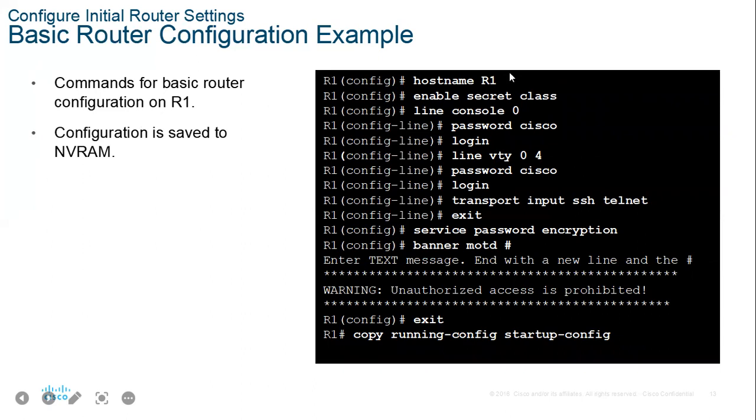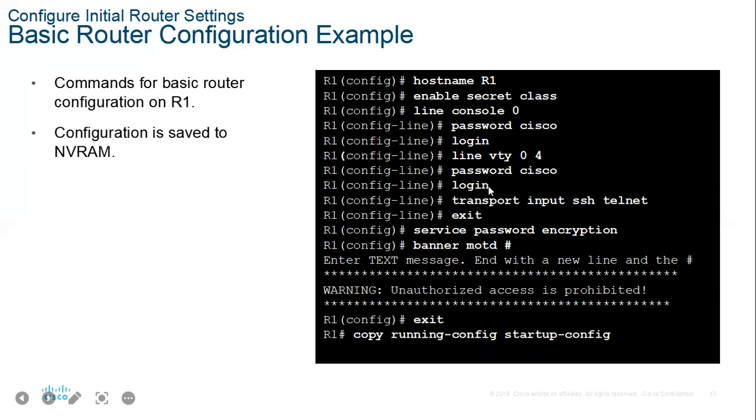So hostname R1. You could run all of these lines just once, before you save to NVRAM, the storage for the router. You just say hostname R1, enable secret class, line console 0, password cisco, login. Just run all of these commands the way they are. What's going to happen is that the name of the router will become R1, the privileged mode is going to be encrypted and passworded, then the password is going to be cisco, and it's going to apply to the VTY lines 0 to 4.